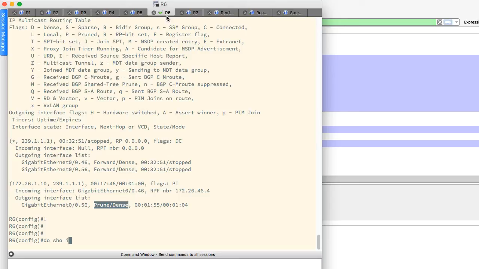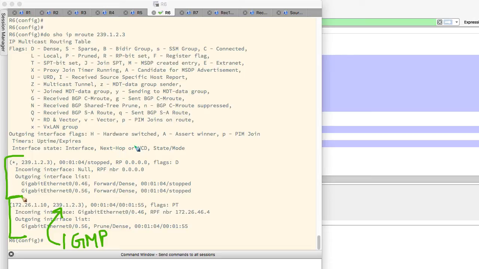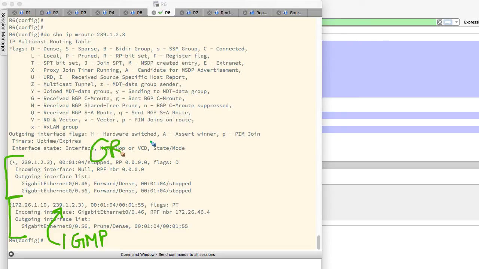So if I say do show IP mroute 239.1.2.3, it really needs these states here in case it got an IGMP join. So in case it got an IGMP report for this group, it needs all of this information to send those graft messages.